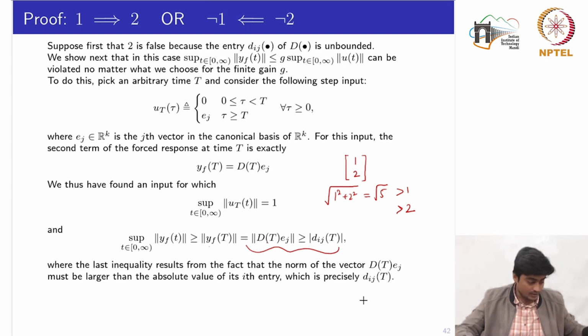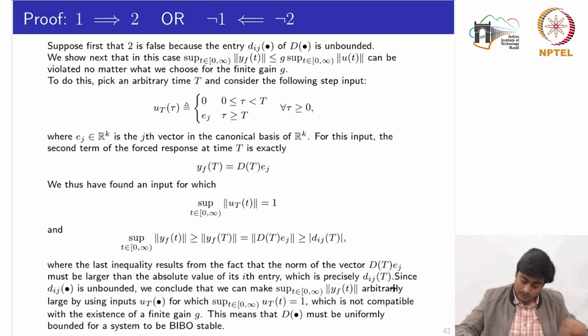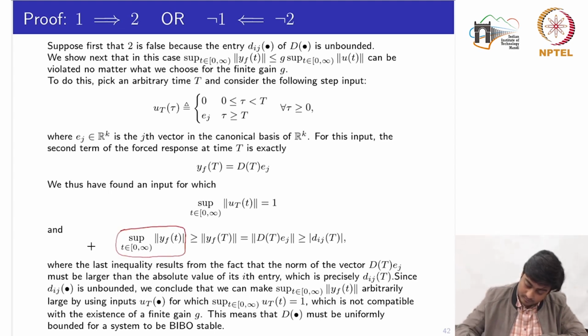So since d_ij is unbounded, we conclude that we can make this part arbitrarily large by using the input, for which we know that the input is bounded. Meaning to say that there does not exist a finite gain G.